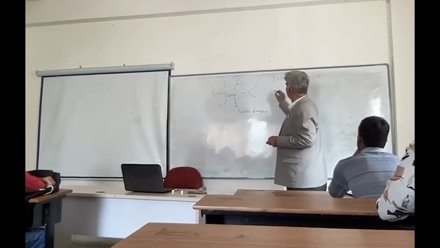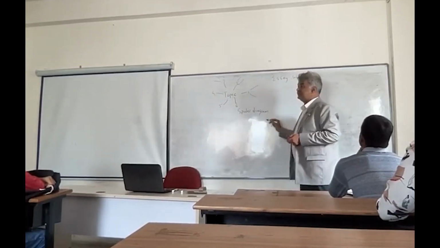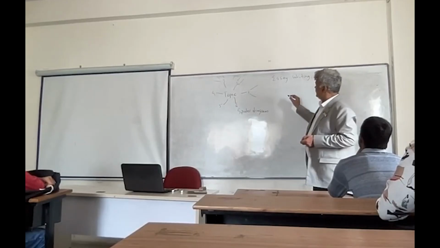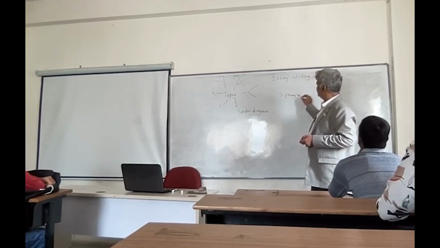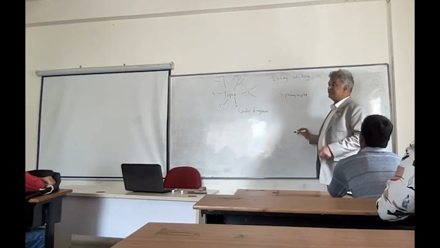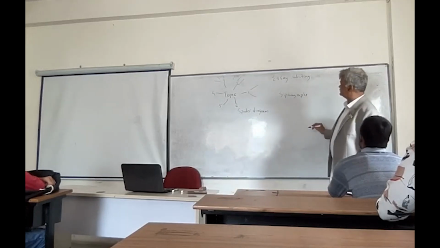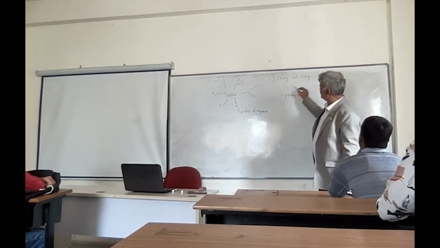Now you have to order it. So you're going to write, okay, you have a number of points, right? And you're going to write 5 paragraphs, right? In your essay. Now, the essay has got a topic.